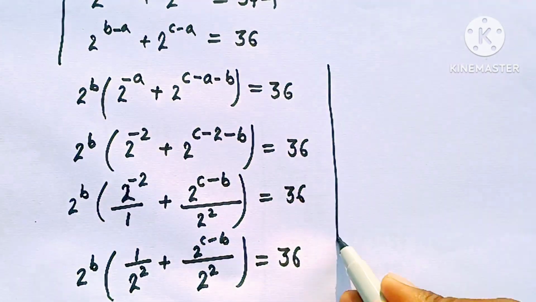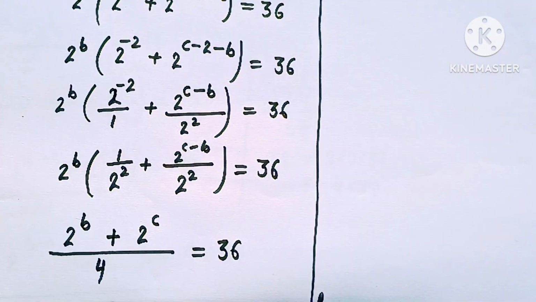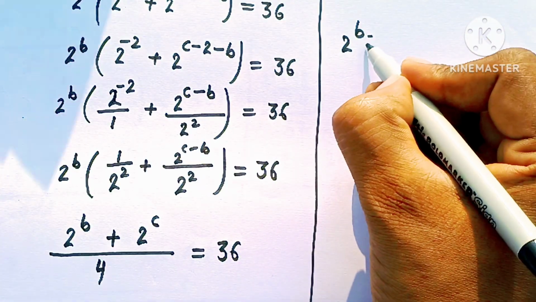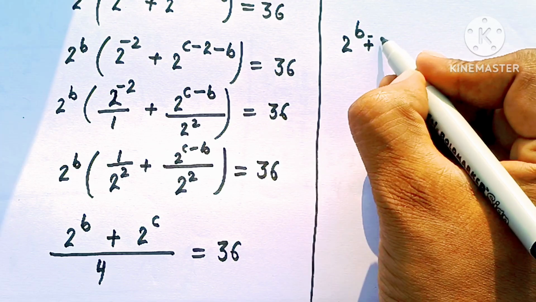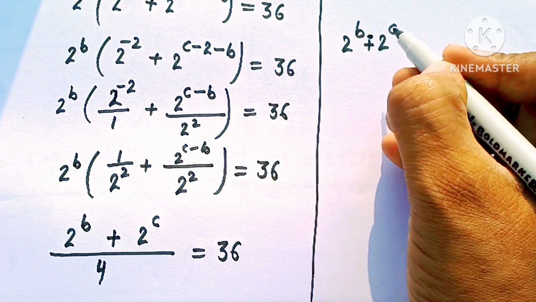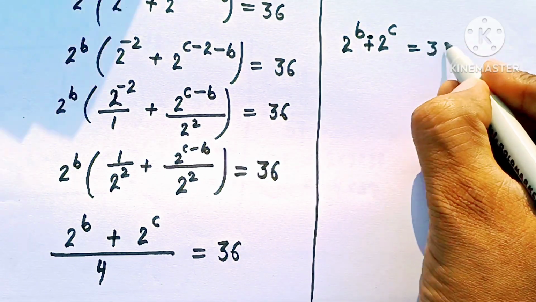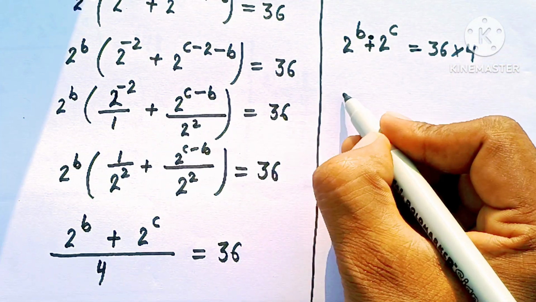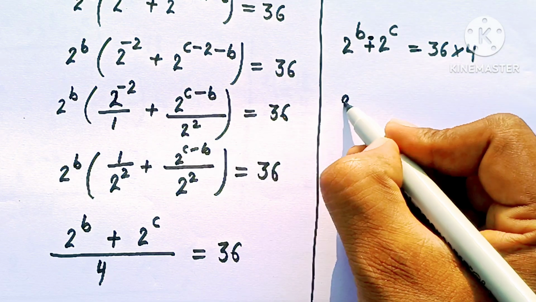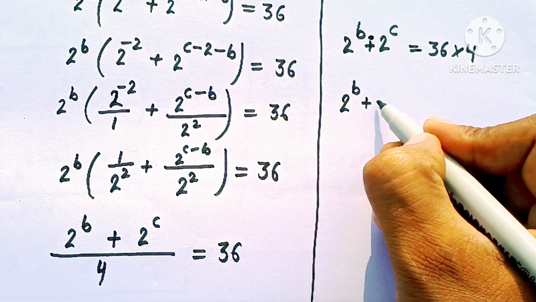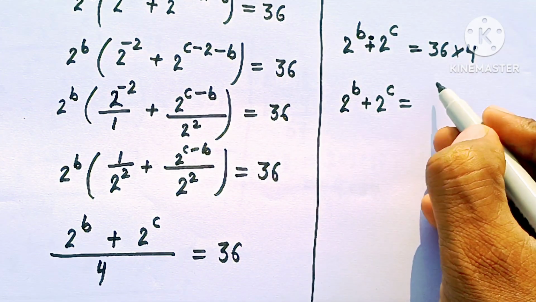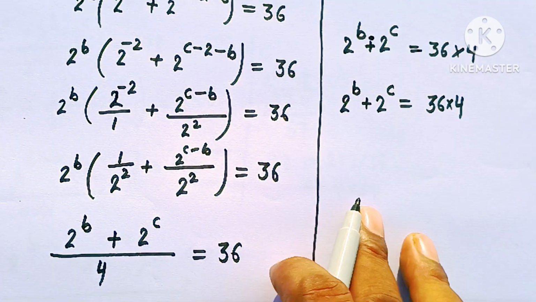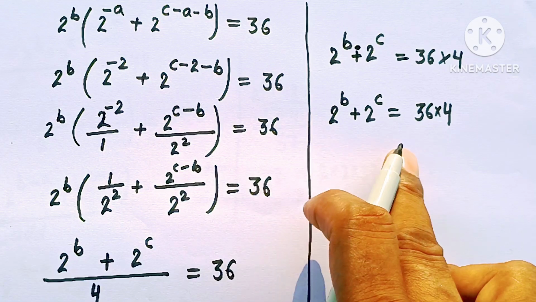Now this term will be written this way: 2 to the power b plus 2 to the power c is equal to 36 into 4. So 2 to the power b plus 2 to the power c is equal to 36 into 4.